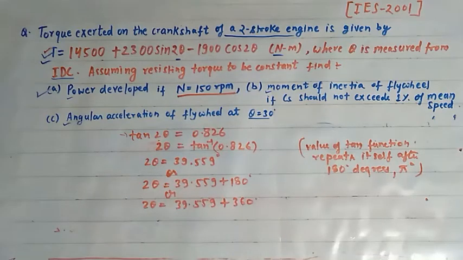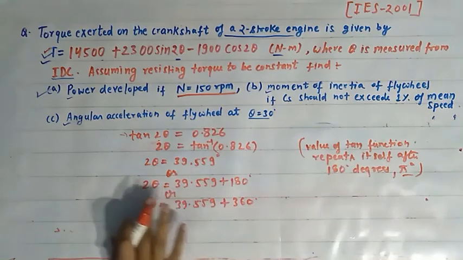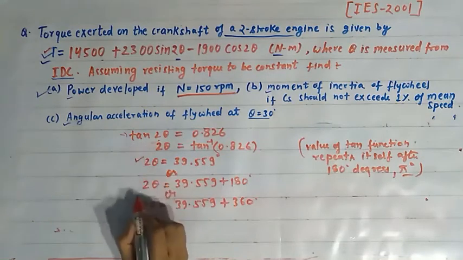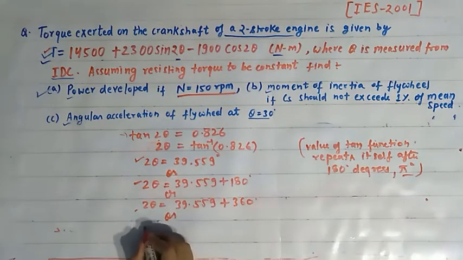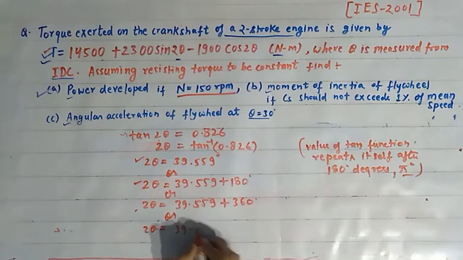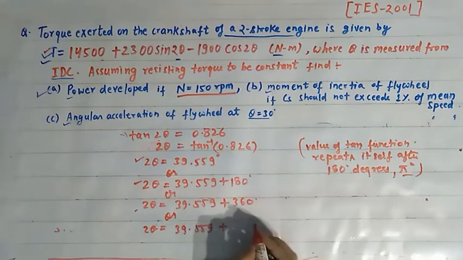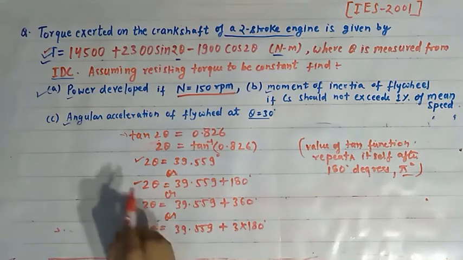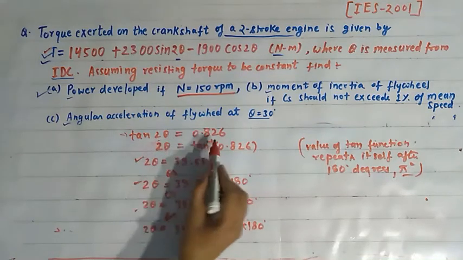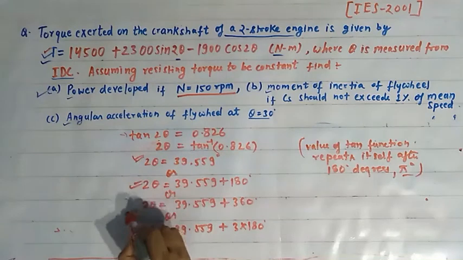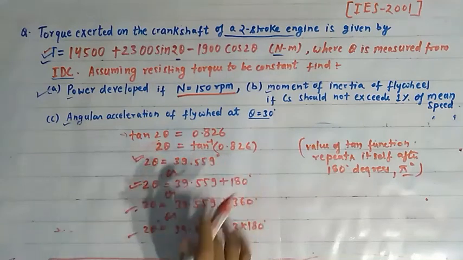So the values repeat at every pi. That's why the value of 2 theta can be this, and so on, up to 39.559 plus 3 into 180 degrees. So the value of tan 2 theta will repeat itself at these values. So these are the values of our theta.